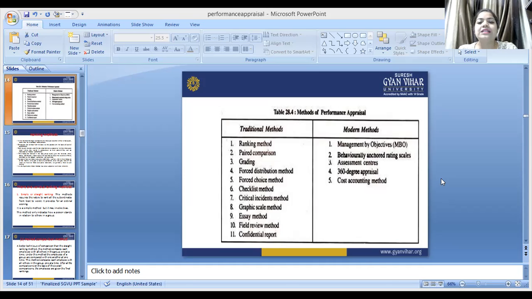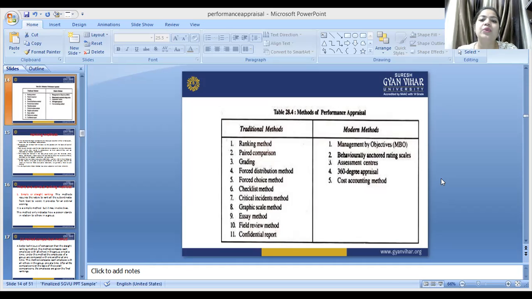So let's understand the basics of performance appraisal. When we recruit an employee and select them for a particular job or task given by the organization, it is not that the organization has no need to check whether they are doing well or not.